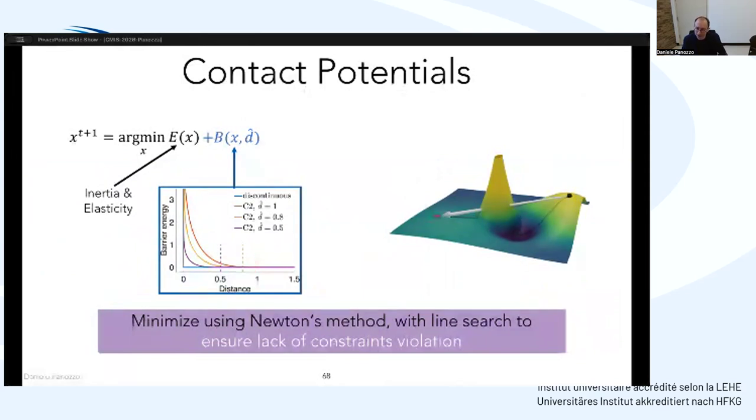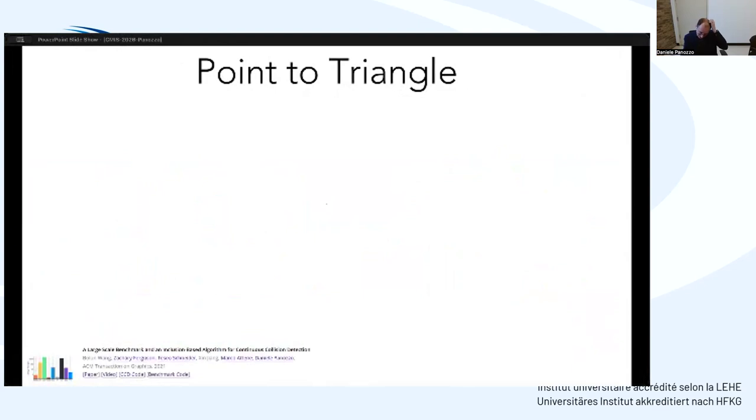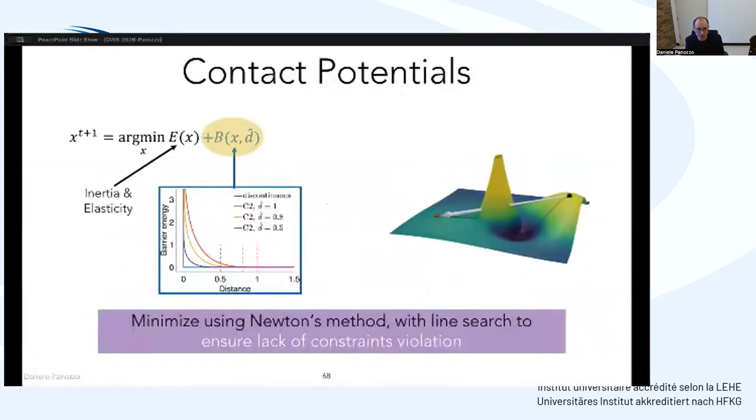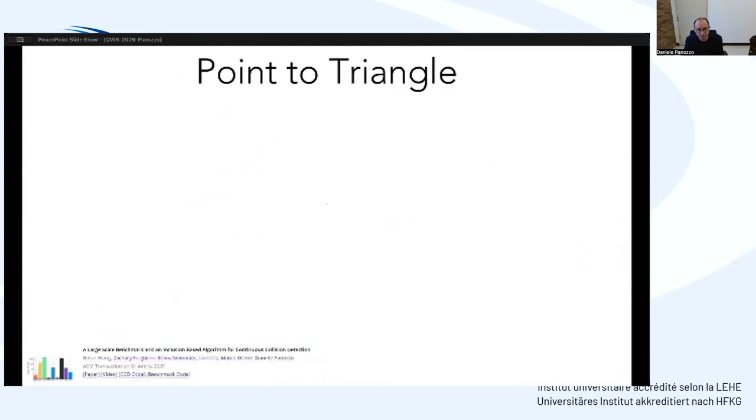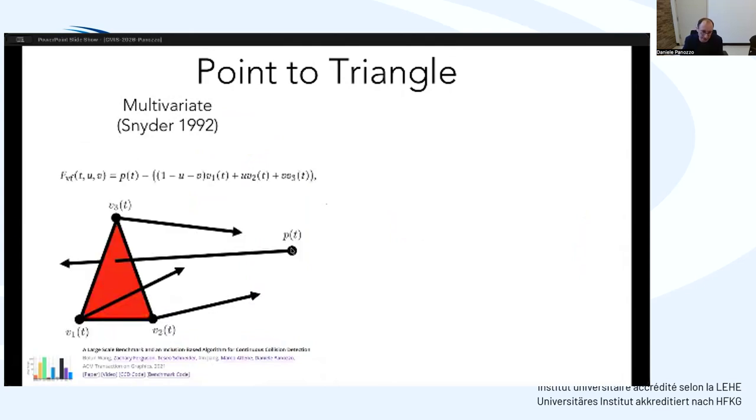In the contact mechanics literature, this is usually called CCD, continuous collision detection. The simpler one is point to triangle. The statement is that you have a point moving in a linearized trajectory, you have a triangle moving in a linearized trajectory, and I want to know if they ever touch. The question here is, how do I compute the largest t before an intersection happens?